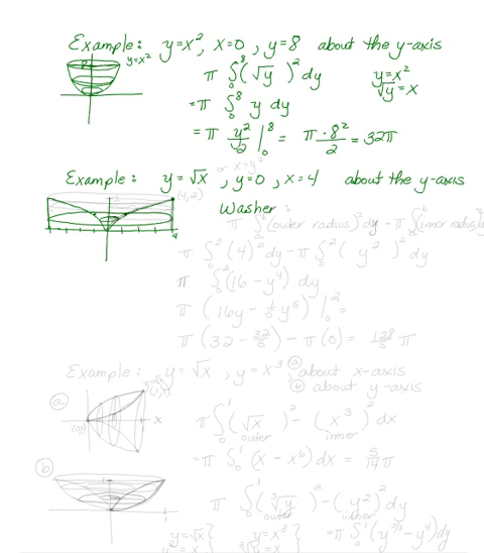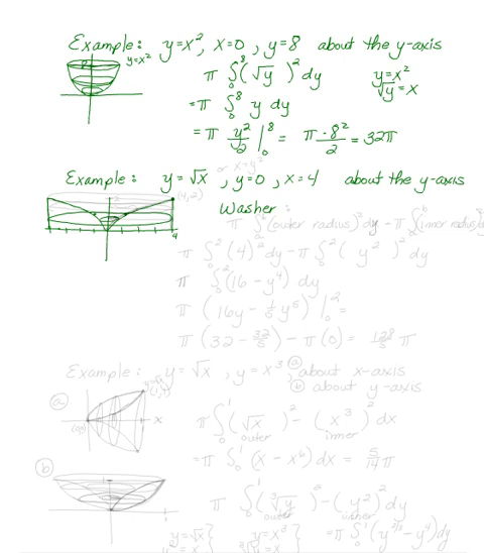Now, with this washer, what we did originally was we found the volume of each of these disks and then we added them together. Well, what we really want to do with washers is do the same thing, but find the volume of the washer.